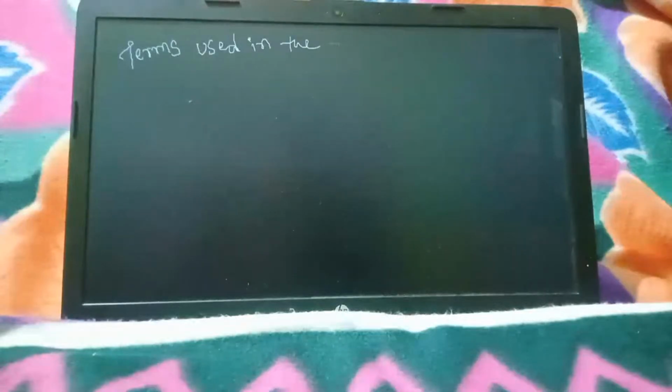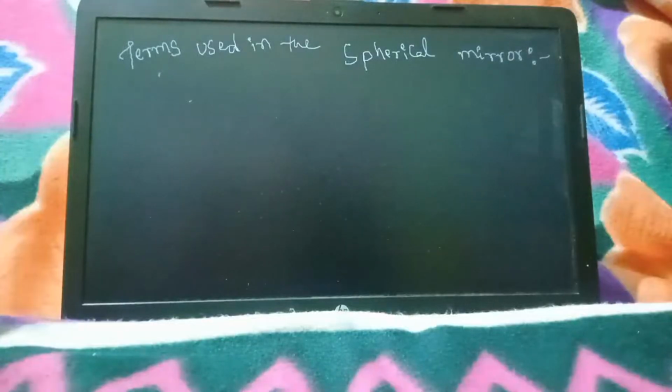And next one, we can see terms used in the spherical mirror. What are the terms we use? We will see now. Here I am considering a spherical mirror, like this.